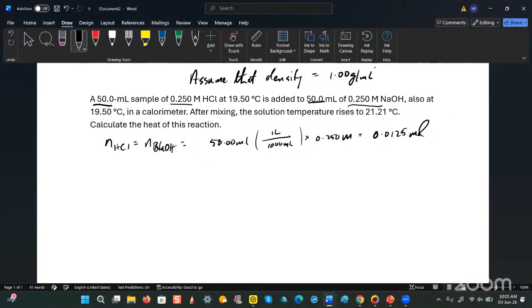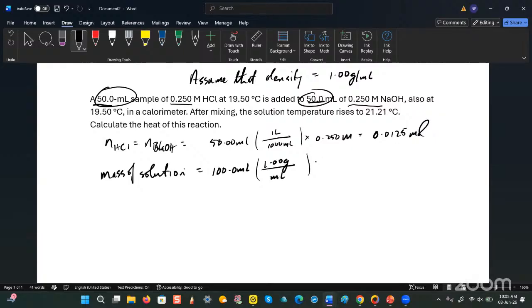Which is the density of water. And for most relatively dilute solutions, that's the case, right? So if we determine that to be the case, then we can say that the mass of the solution would be equal to, okay, so the total volume here is 100.0 mL, multiplied by the density, which is 1.00 grams per mL.